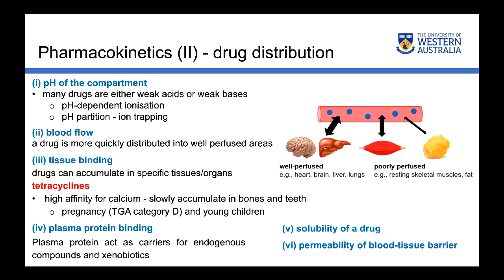And permeability of the blood-tissue barrier. That's probably more important if the drug needs to get to the brain to act. For example, you want to treat an infection in the brain. Then the blood-brain barrier serves as a barrier to remove drug or return drug to the systemic circulation, because the mechanism is there to protect our brain.